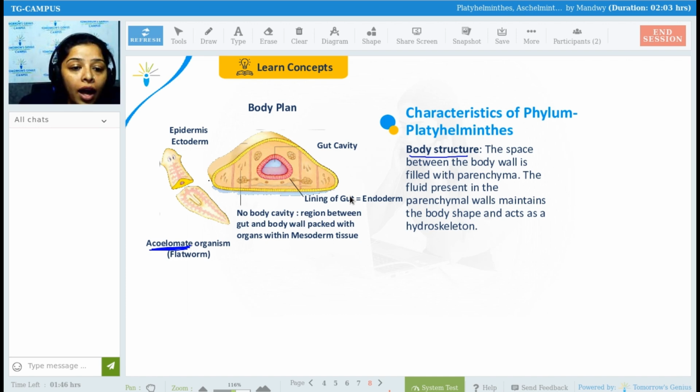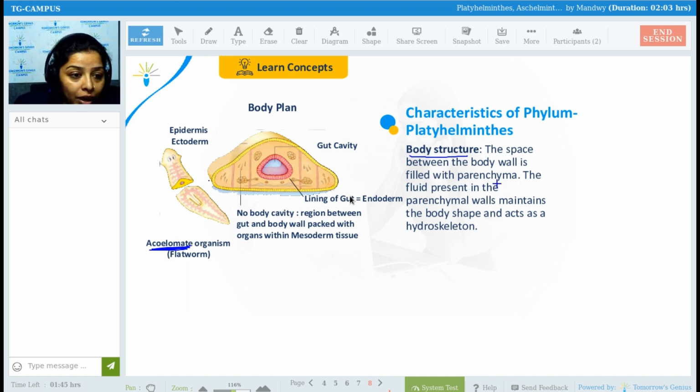You can see they have epidermis derived from the ectoderm, right? They have endoderm, which makes the different organs, right? But they don't have a cavity lined by the mesoderm, and that's why they don't have coelom and they are acoelomate.